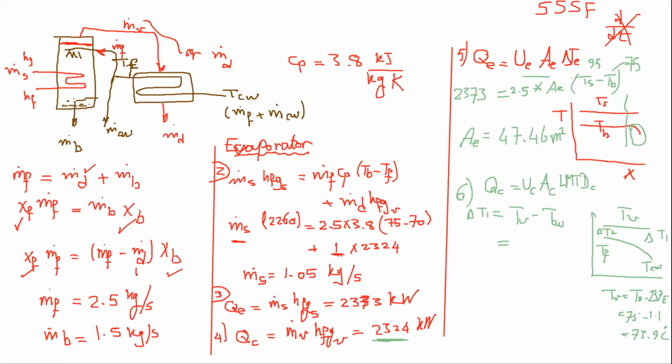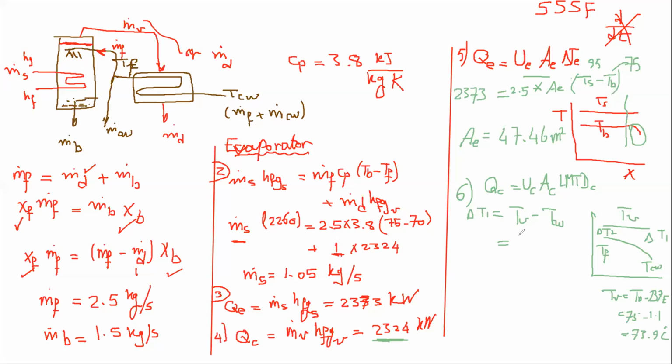Yes. Okay, can you just help us with this calculation? What should I calculate, Doctor? We are looking for the difference between the vapor temperature, which is 73.9, and the cooling water temperature, which is 28, which is making our delta T1 across that heat exchanger, across the condenser.